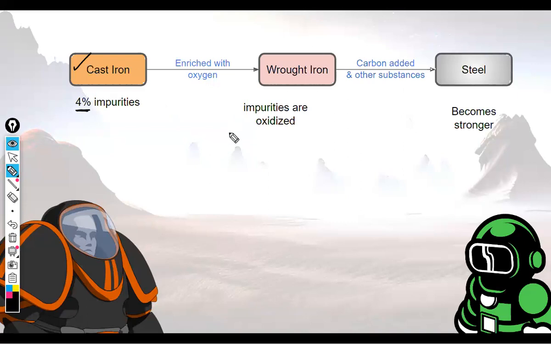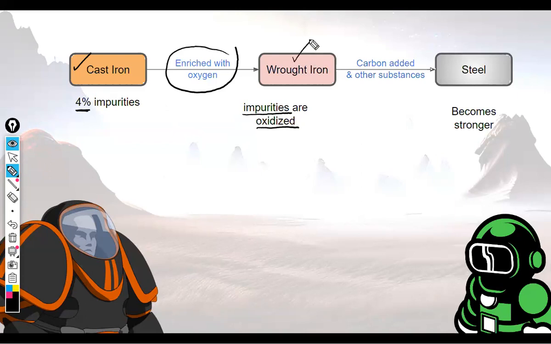I'm sure you hear your parents talk about it at some point, when they were building a house and whatnot. To get rid of the impurities, you take that cast iron and blast it with air rich in oxygen, special air that has extra oxygen in it. When you do that, you oxidize the impurities, and it is changed into a stronger type of iron called wrought iron.